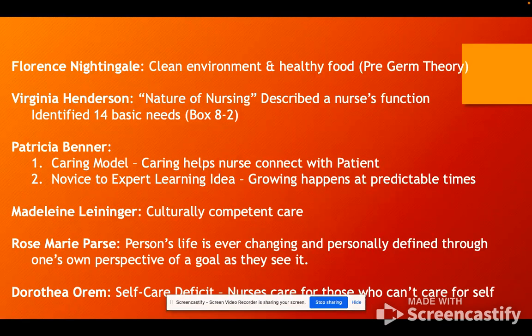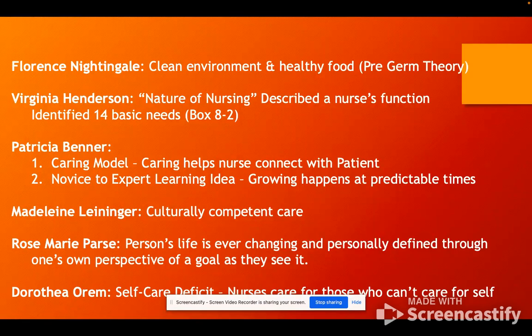It talks about the process as you're growing in your healthcare world, growing as a nurse, and how you become a novice nurse right out of school, and how you become an expert nurse. She looked at the caring model and how caring helps nurses connect with patients, and then just overall growing that happens in your nursing career.